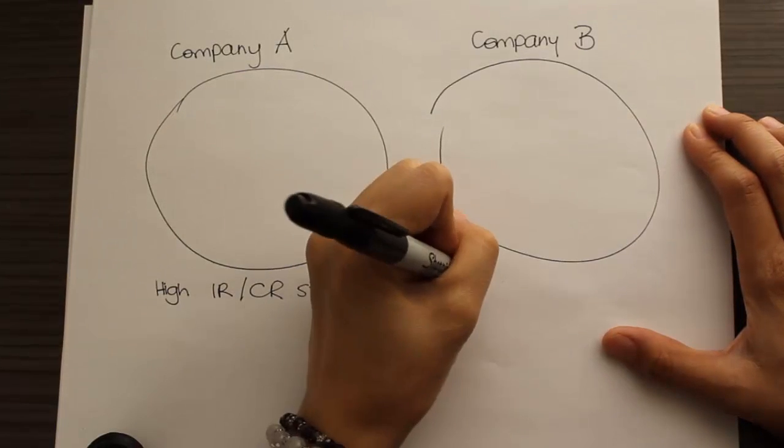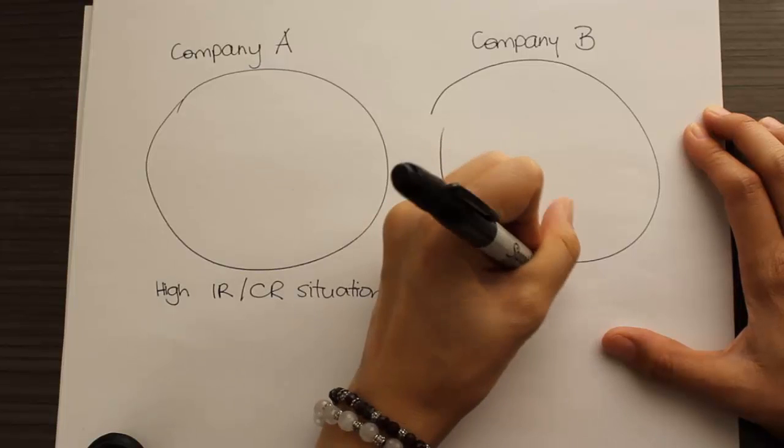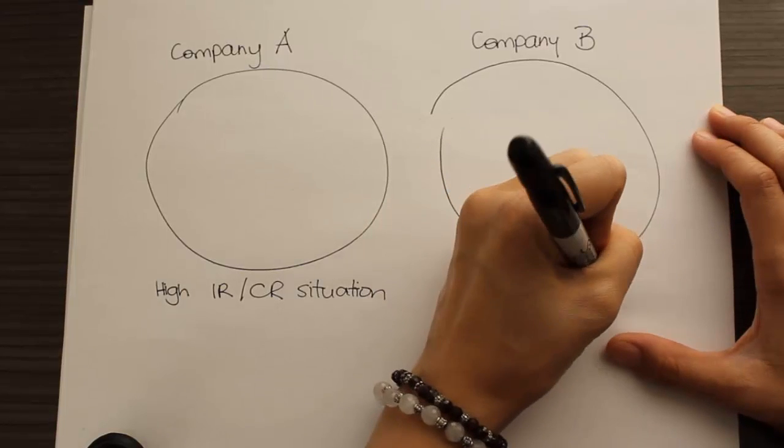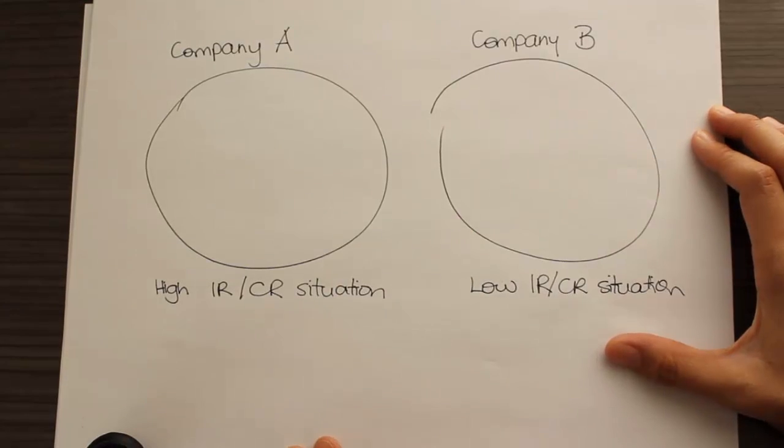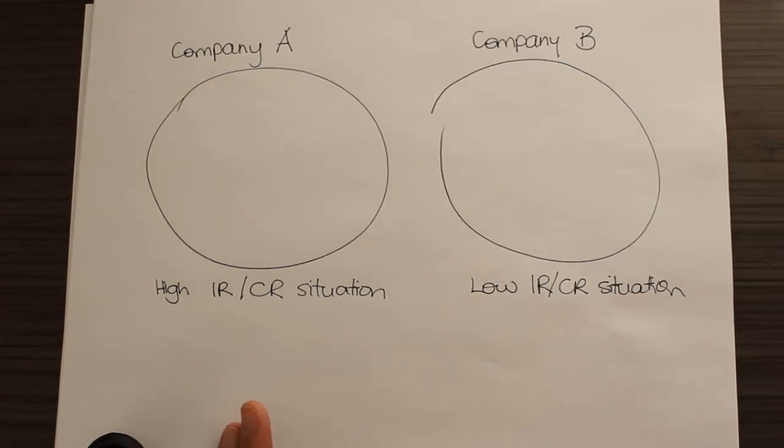And in company B, we're going to look at a low inherent risk and control risk situation. Now I'm going to make some videos later on that talk about how we identify the level of inherent and control risk at organisations, but today we're just going to work through the audit risk model.